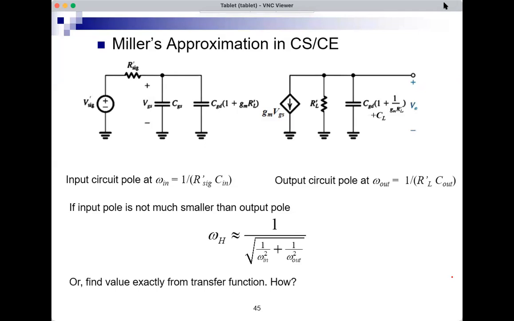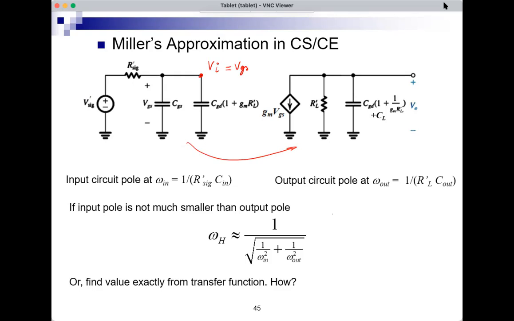Another way to find omega h is maybe to find it exactly from the transfer function. How do we do that? Well, what would be the transfer function of the circuit after applying Miller's theorem? It's actually quite easy to find. VI here is VGS.